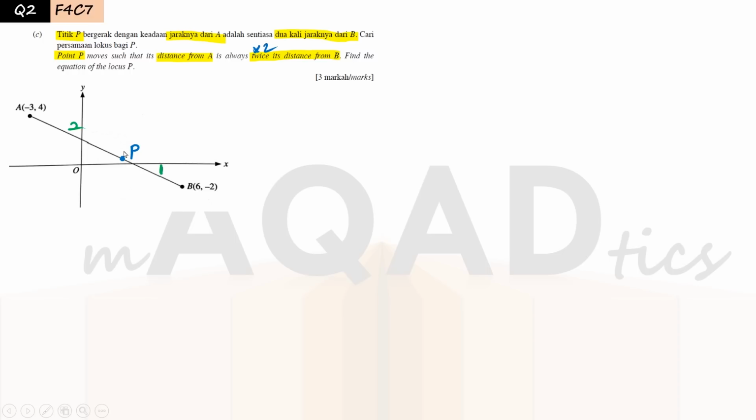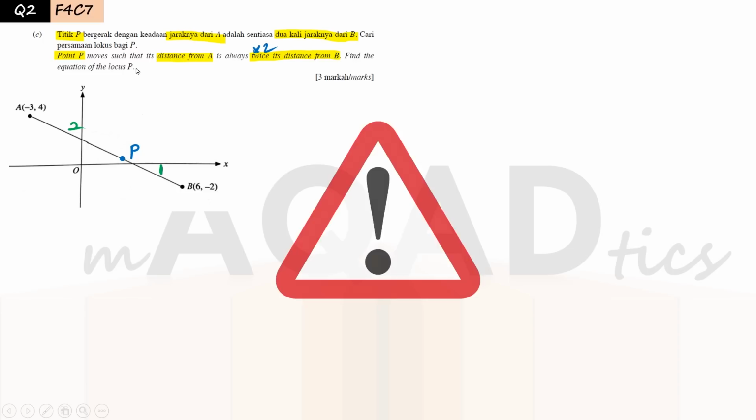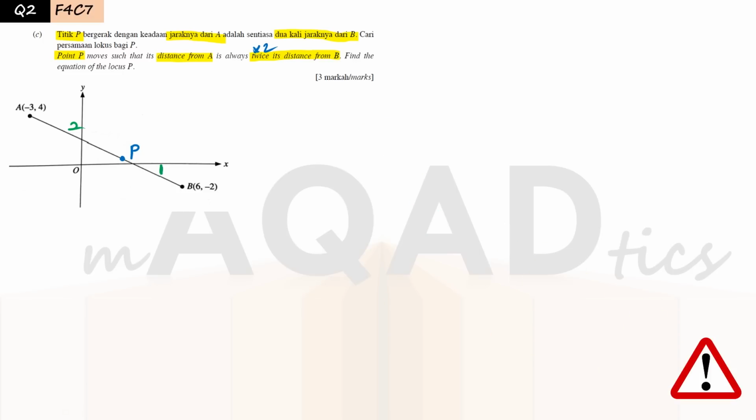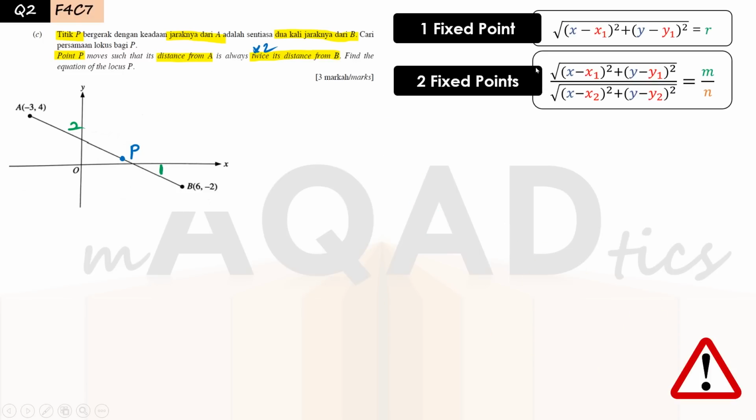Okay, so now we need to find the equation of locus of P. So recall back, for equation of locus, we have two cases. So either it's one fixed point or two fixed points. So in this situation, we have two fixed points, which are point A and point B. So we are going to use this one.